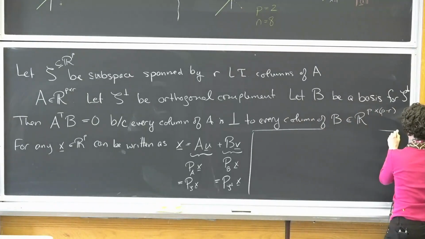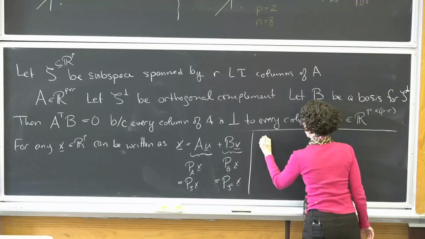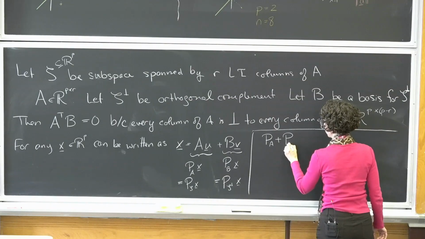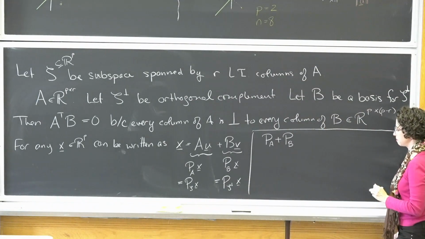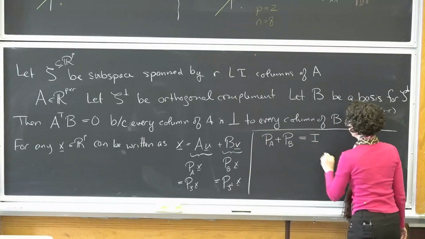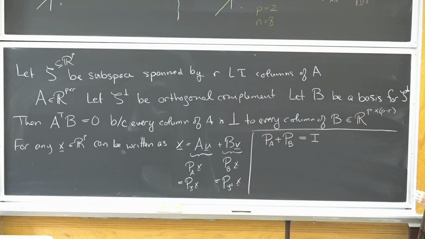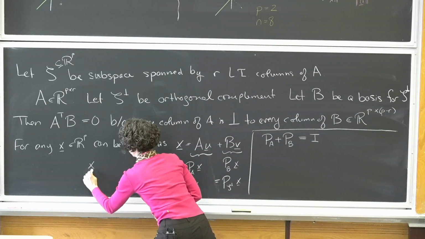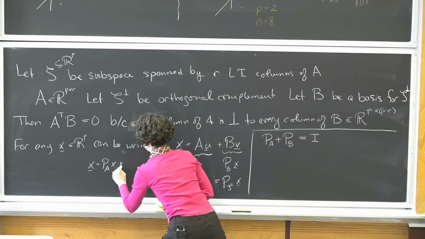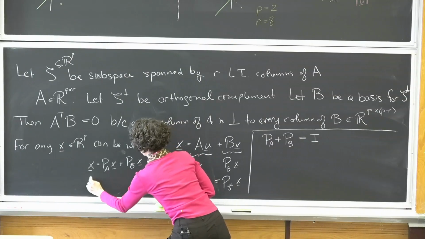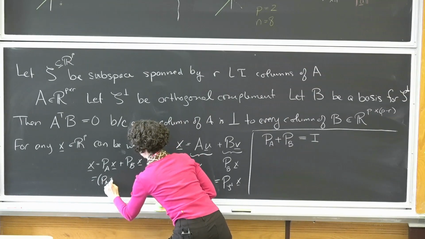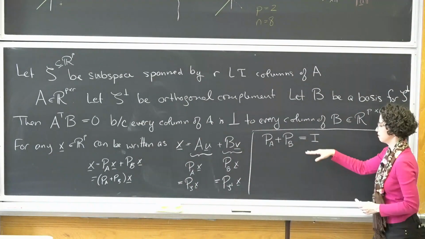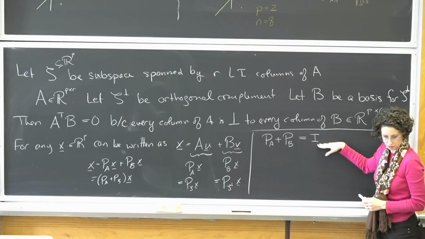So in particular, what this tells us is that if I were to take a projection onto A plus a projection matrix onto its orthogonal complement spanned by B, that's going to have to be equal to an identity matrix. Okay? Because what we've written here, just to be clear, is that X is equal to PA of X plus PB of X, which means that it is PA plus PB of X. And the only way this is possible is if PA plus PB is equal to the identity matrix.